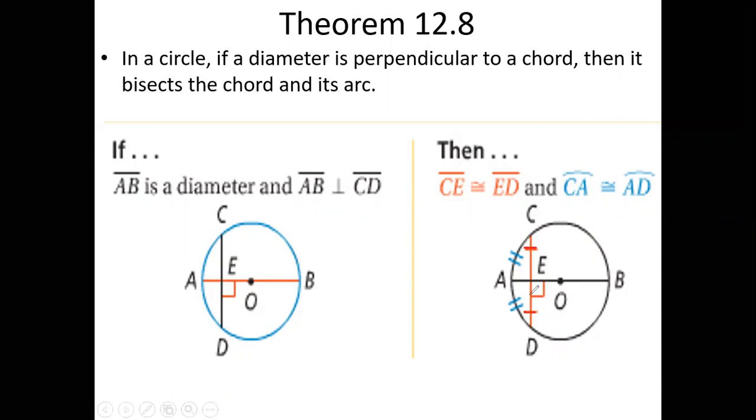It means it is cut into equal halves, and the corresponding arcs also will be equal to each other. So the measure of CE is equal to ED, and the corresponding arc CA is also equal to AD.